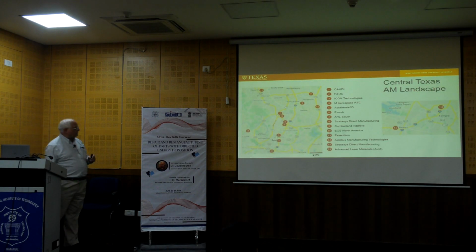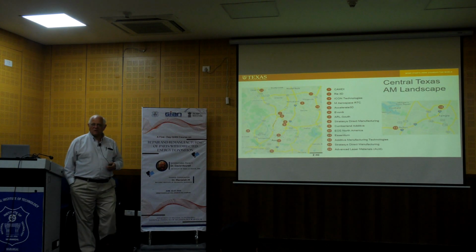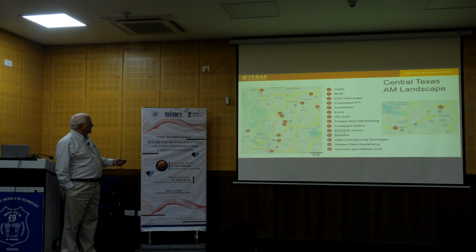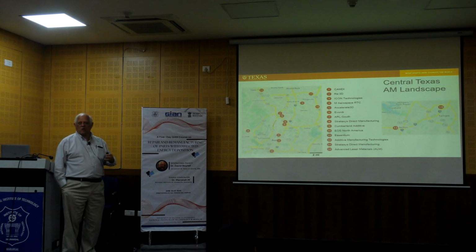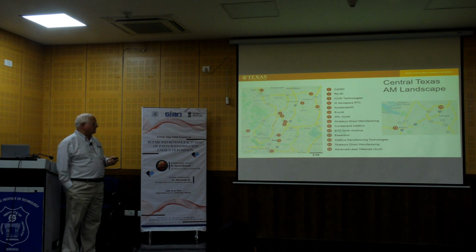This is what I think is interesting about what's going on in Austin. This is a city map of Austin, and the University of Texas, by the way, is right here, and the downtown area is really this area right here. The total population of the metro area is maybe 1.5 million people.